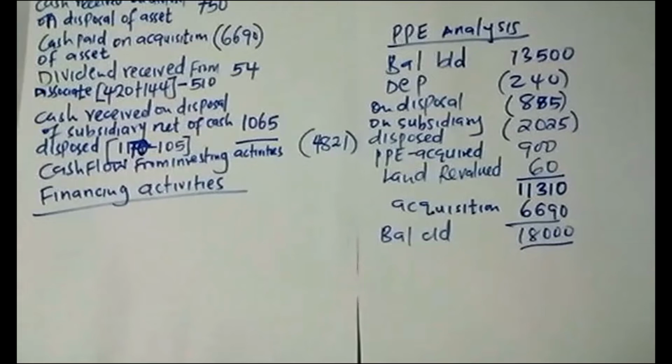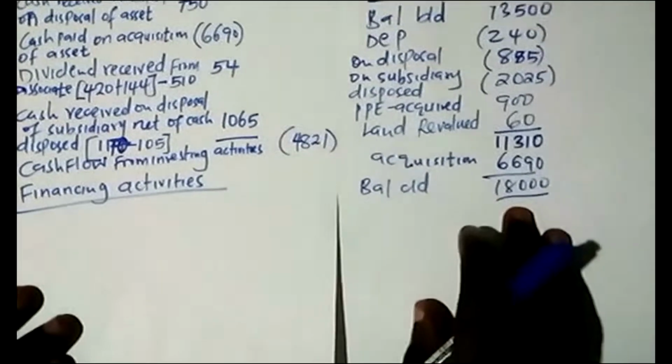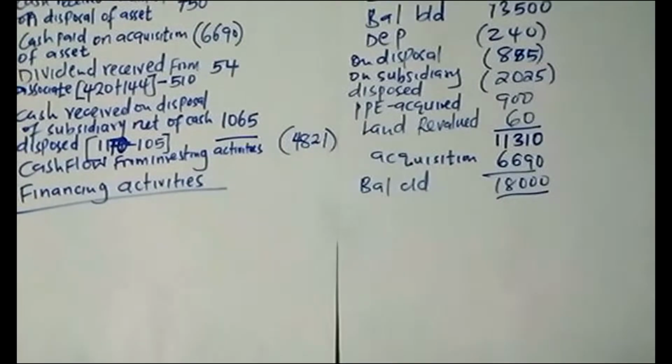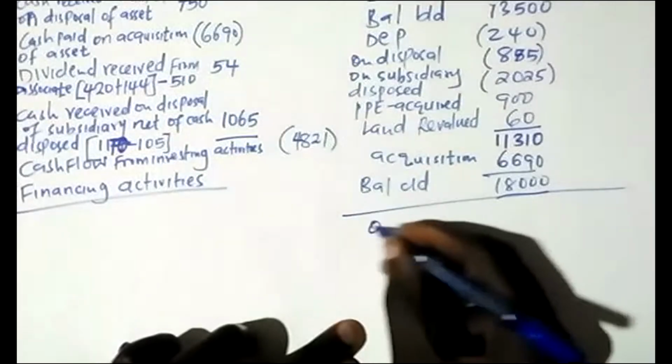So under financing activities, we talk about the equity part of this balance sheet, and also some non-current and current liabilities. In this scenario, I will start with ordinary share capital.